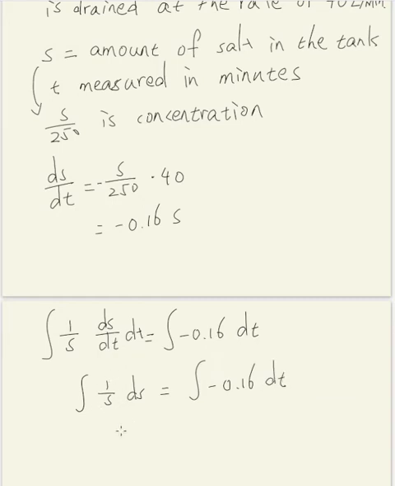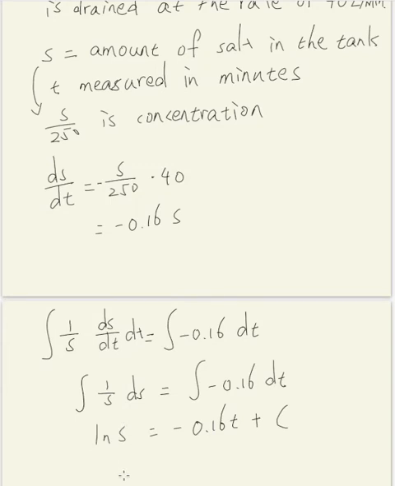The integral of 1 over S is ln of the absolute value of S. Now, since S is the amount of salt, physically it can't be negative. Since it's positive, we can get rid of the absolute value sign and just be left with ln S. And the right-hand side is minus 0.16 t plus arbitrary constant c.